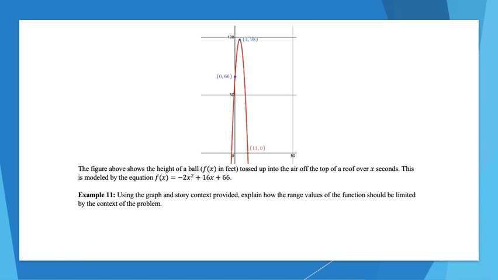And finally, example 12, same situation, but this time we want to explain how the range values should be limited by the context of this problem. So what we would want to say here is the ball cannot have a negative height.